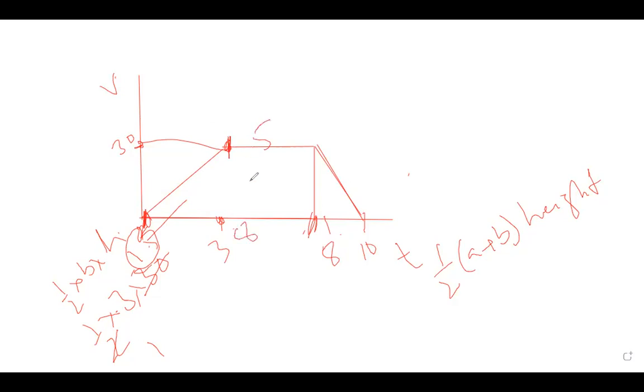So A plus B is 8 plus 5, and half into height. Height is 30. Half of 30 is 15. Then 8 plus 5 is 13, multiplied by 30. How much is 13 multiplied by 30?